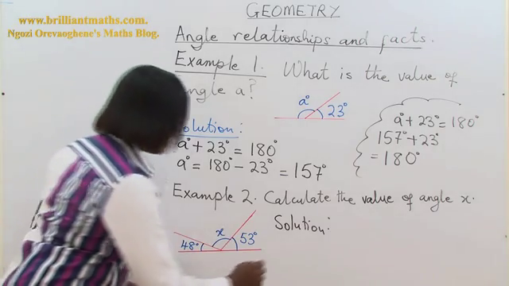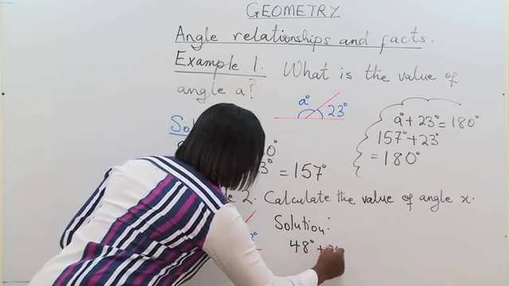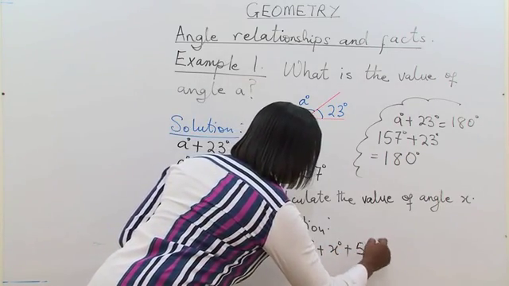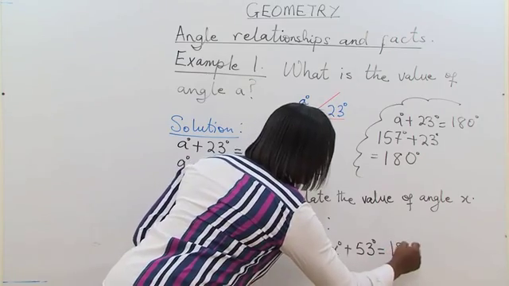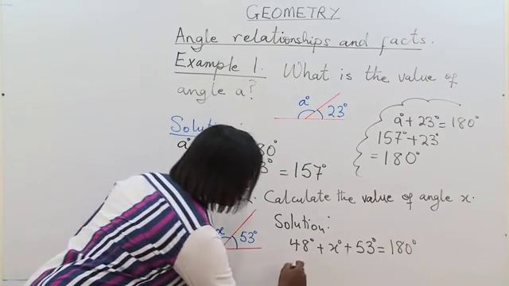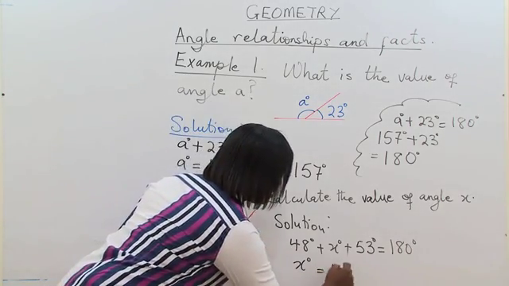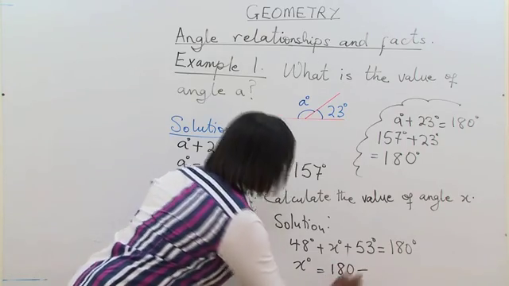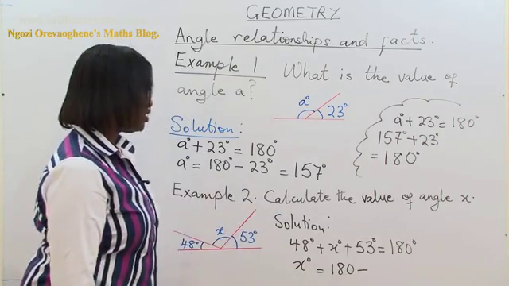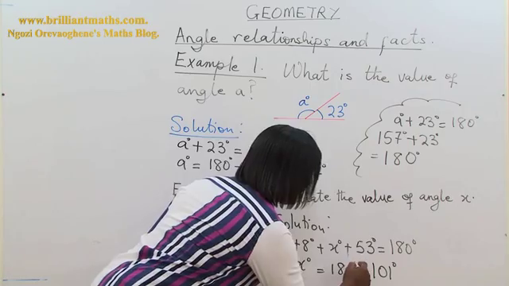To find the value of x, we know that 48 degrees plus x degrees plus 53 degrees is equal to 180 degrees. The value of angle x will be equal to 180 degrees take away the sum of 48 degrees and 53 degrees, which is 101 degrees.